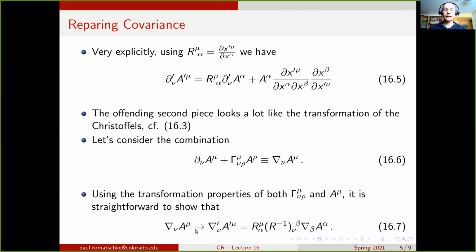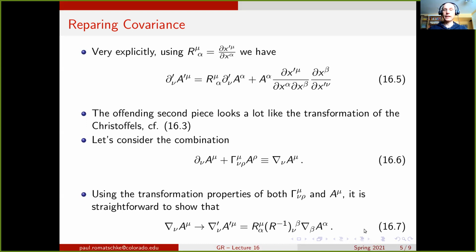So if we look at the coordinate transformation of this object with the covariant derivative, then it is not hard to show that this object transforms such that we get the same object back, and the corresponding transformation matrices are for the upstairs index and are inverse for the downstairs index.